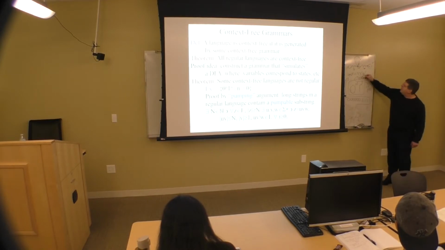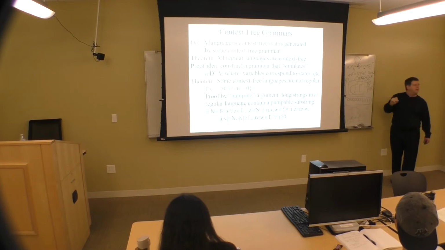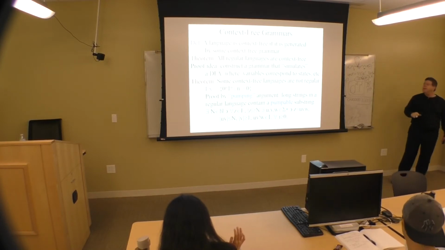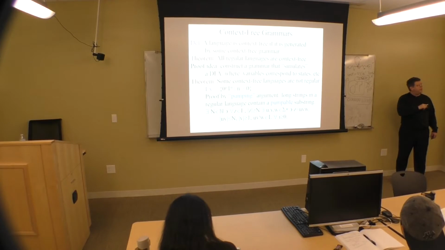In fact, you'll accept it, however many V's there are here. In fact, you'll accept all strings of the form U, V to the I, W, for all I. How many see that? Yeah. So it must accept an infinite number of strings if it accepts one string long enough. How many see that?